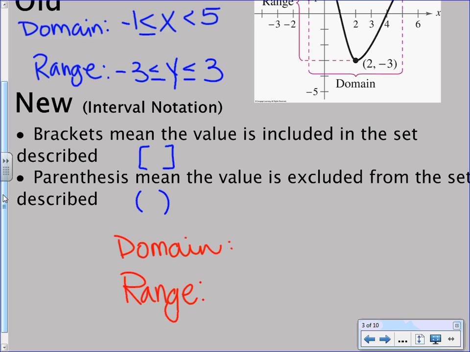Okay, so what this is going to look like, it's going to look a lot like a coordinate, but it's not a coordinate, okay, because we're describing the domain or the range. So our domain goes from -1 to 5. So I'm going to write -1, comma 5. Since we include -1, we're going to put a bracket. Since we don't include 5, we're going to put a parentheses.